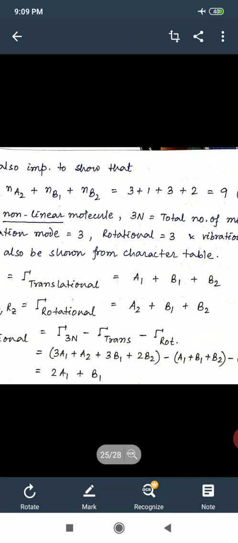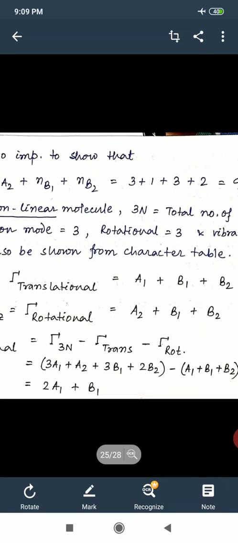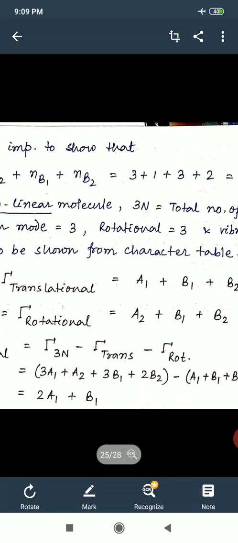In the water molecule, the translational modes derive mainly from A1, B1 and B2, the rotational modes derive mainly from A2, B1 and B2, and the vibrational modes come mainly from A1 and B1. So 2 units of A1 and 1 unit of B1.